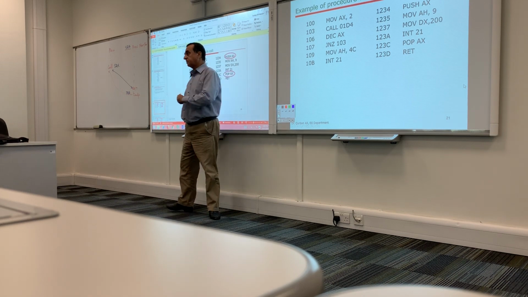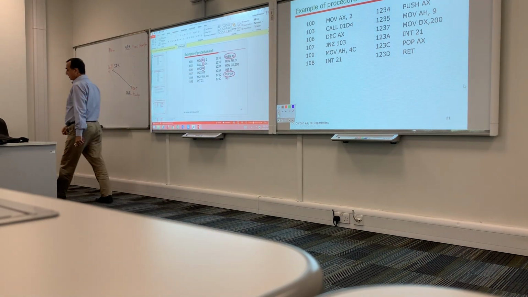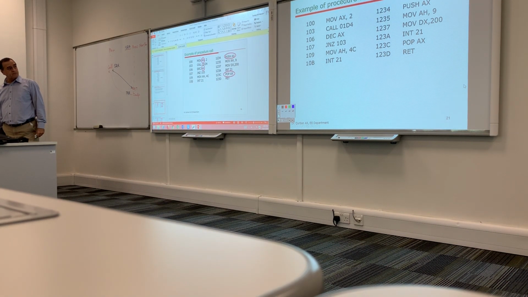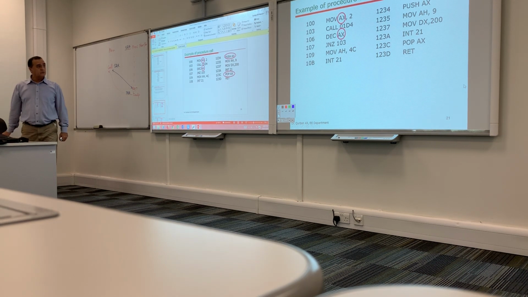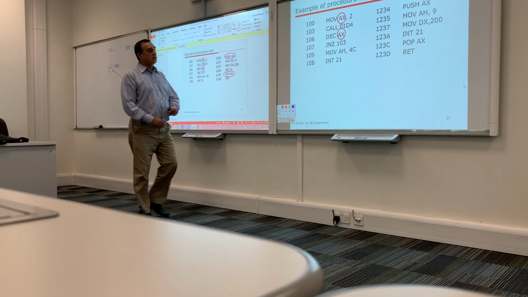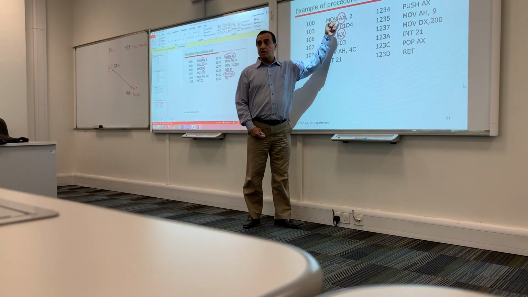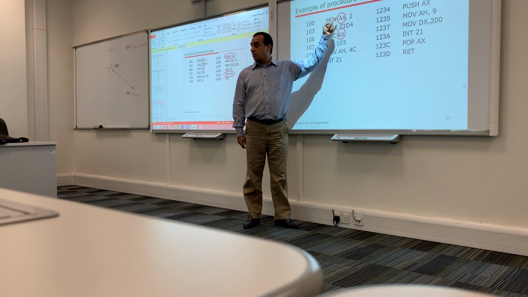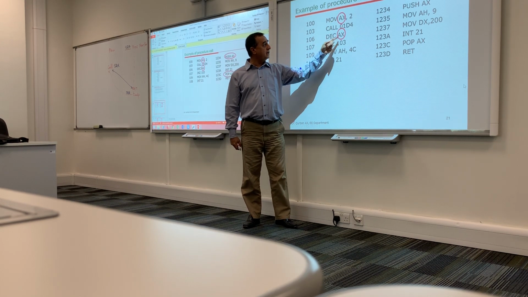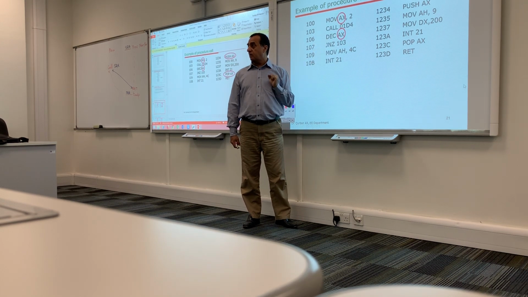Now see the example. What is happening on the left one? Let's say it is the main because it contains the call, right? You see the second instruction is call, so this is the main program. Before the call, I have a value in the AX register, and after the call, I need the original value of AX, right?